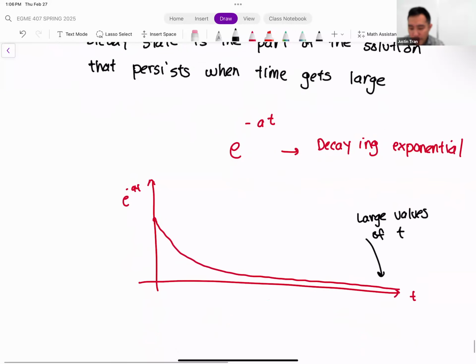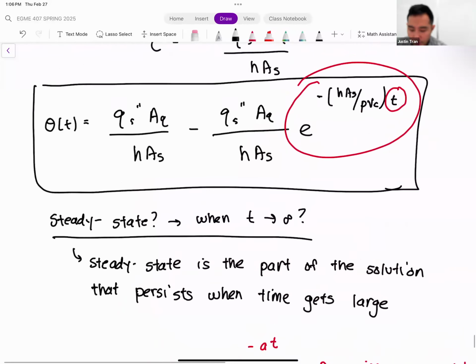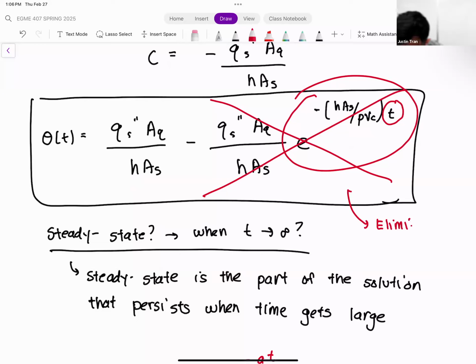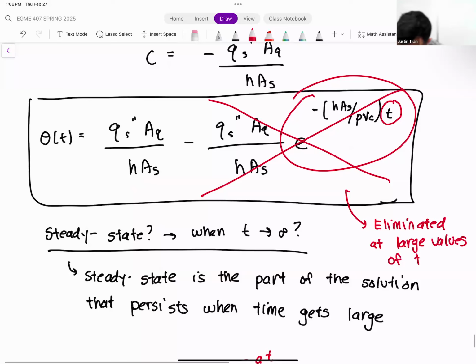So if you go back to the solution that we obtained here, at large values of time, we can say that this term is eventually going to decay down. And so there's going to be some solutions or some problems where that's it.